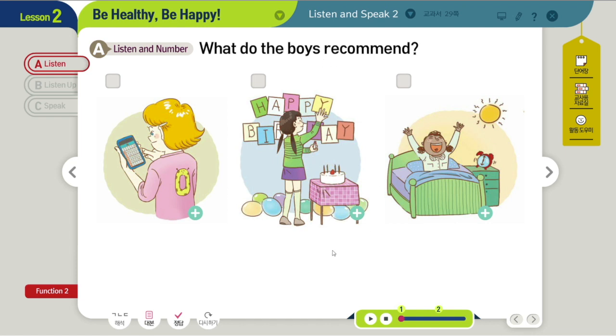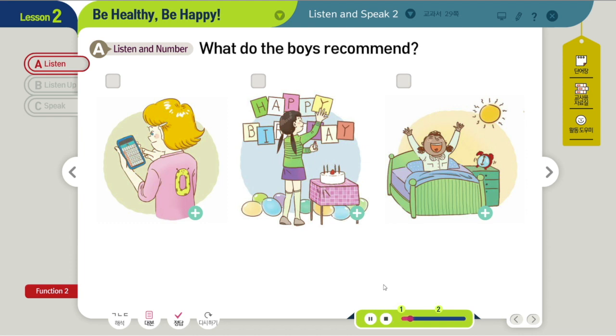One picture has a girl using a smartphone. The next, they are making a happy birthday sign. The next one is a person getting up early. Let's listen to the dialogue and find out what the boys recommend. There are 2 things the boys recommend, so listen carefully.